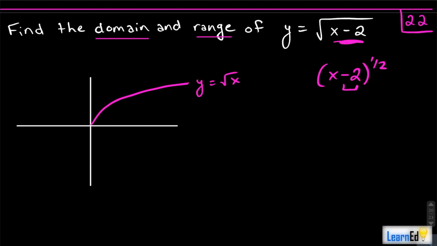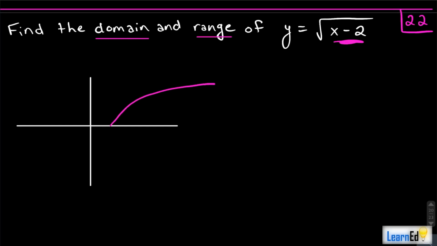When this was a y, it was a vertical shift. But we have a horizontal shift here, and this is a negative 2, so it's going to shift it 2 to the right, because we have to do the opposite. So we just get this, and this is y equals the square root of x minus 2. Okay, here, what is the domain?